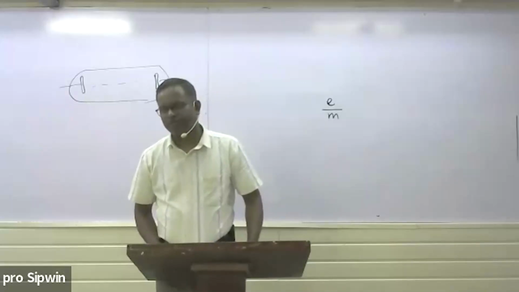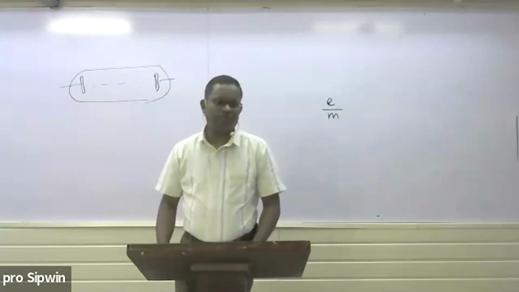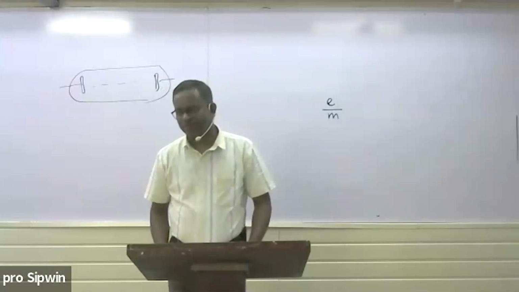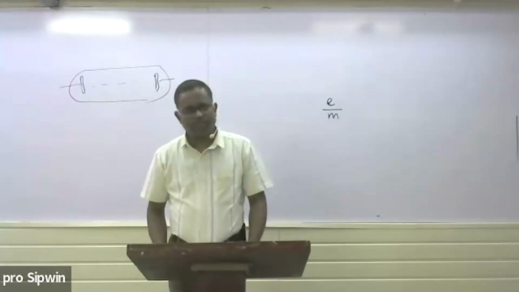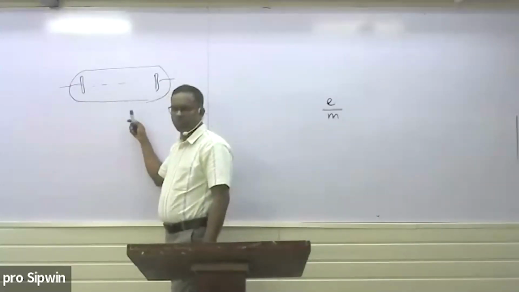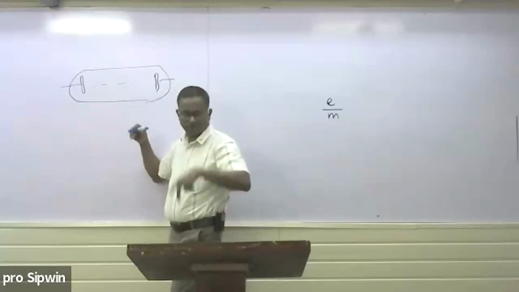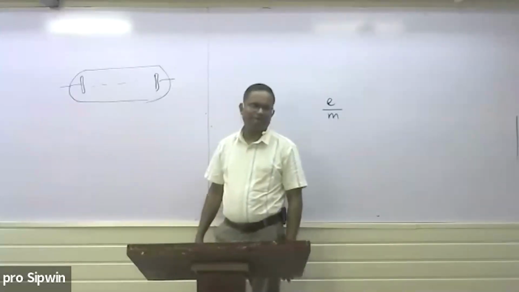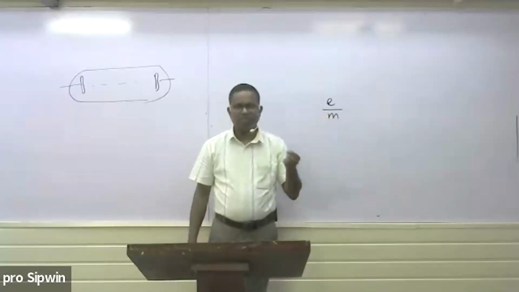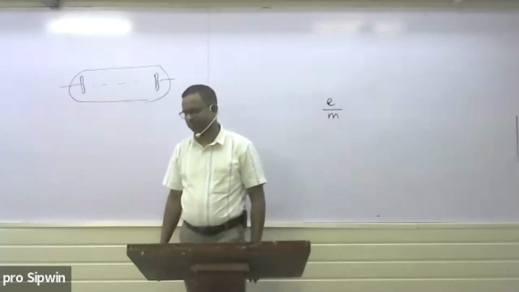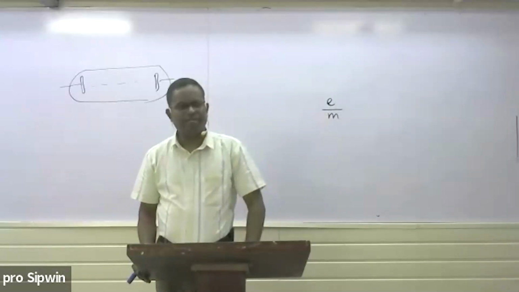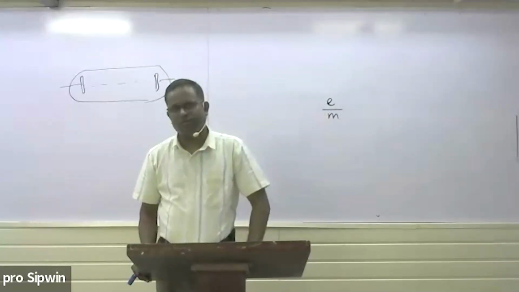When doing that, Thomson identified a very special thing. What is that? Irrespective of the electrodes, no matter what electrodes we use, no matter what gas we include there, in all cases the cathode ray particle E over M value is a fixed one. It is a fixed value. All right. With that, Thomson drew a very good conclusion.